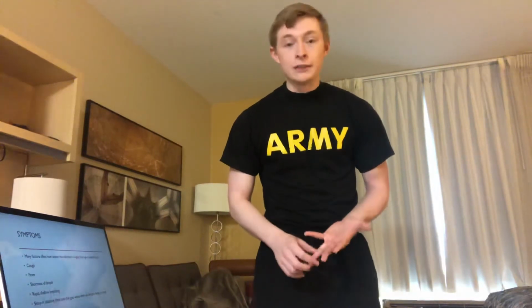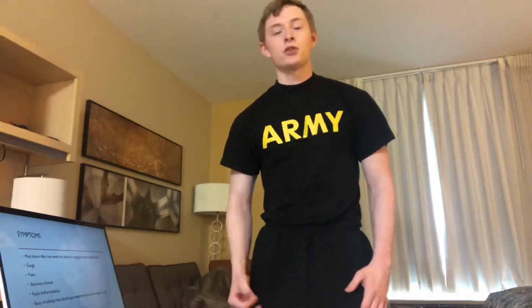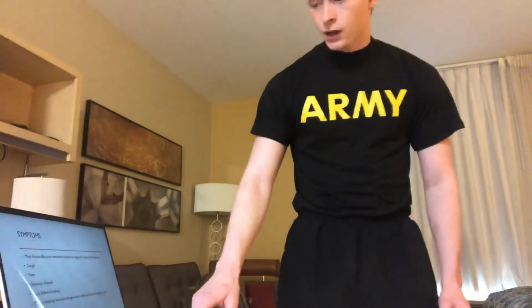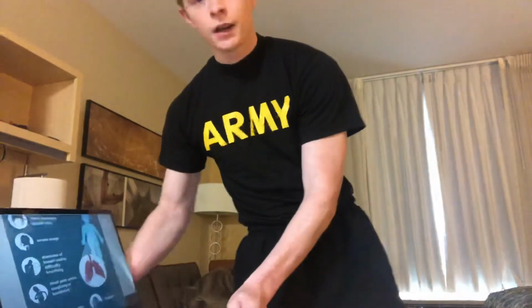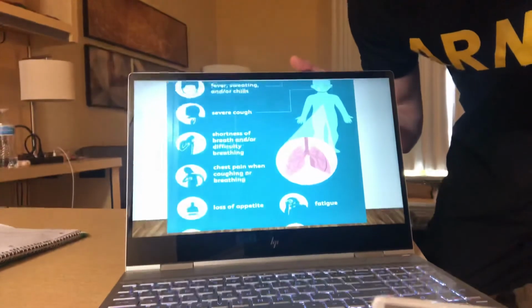You're going to be very fatigued, so lots of rest should be required, and you're just not going to be at your best. This is also very similar to COVID-19 or the coronavirus that we are seeing. Now, this is a diagram of just some of the symptoms you can be aware of or looking out for in the near future.